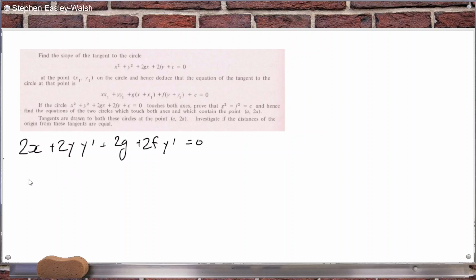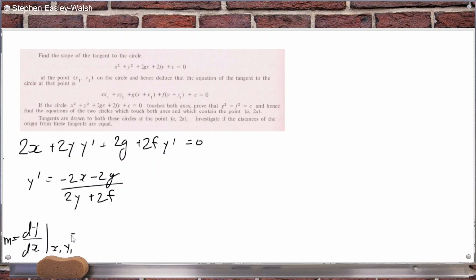So I could rearrange that and get dy/dx equals minus 2x minus 2g over 2y plus 2f. So that means dy/dx, that's going to be the m, is dy/dx at the point (x1, y1).